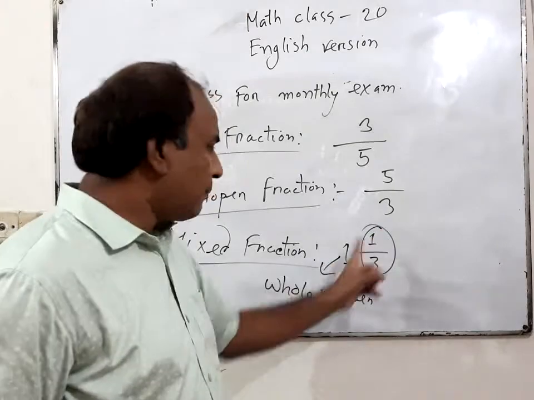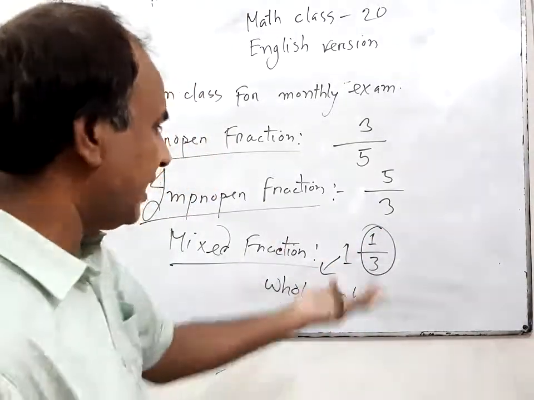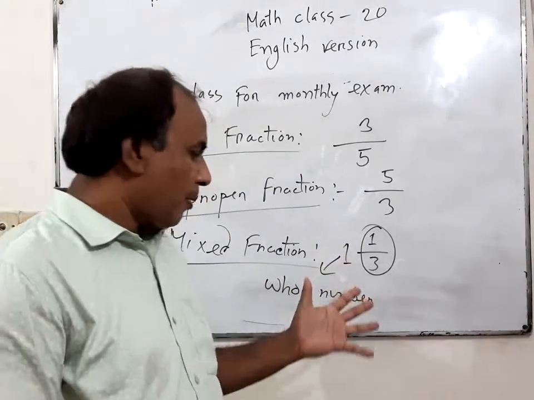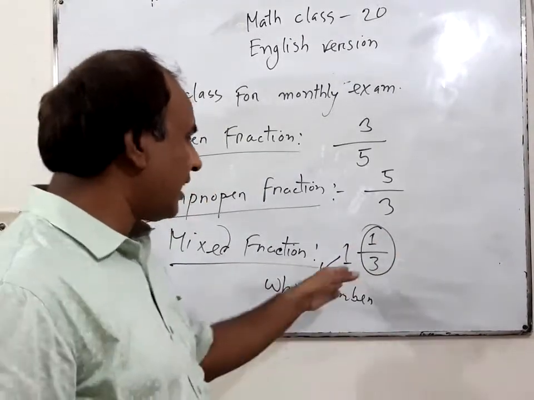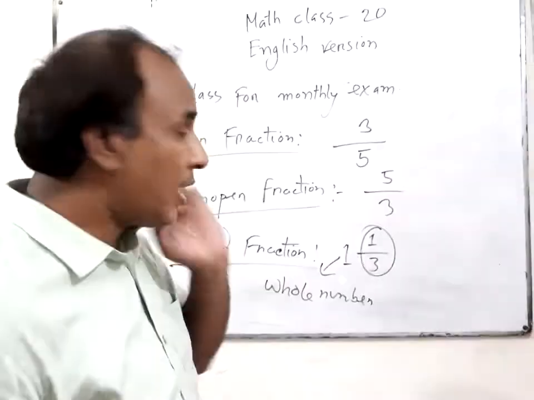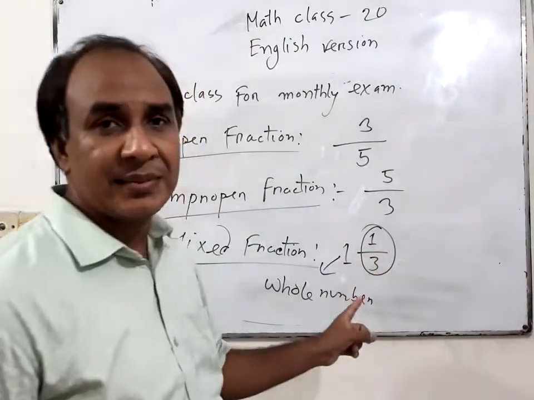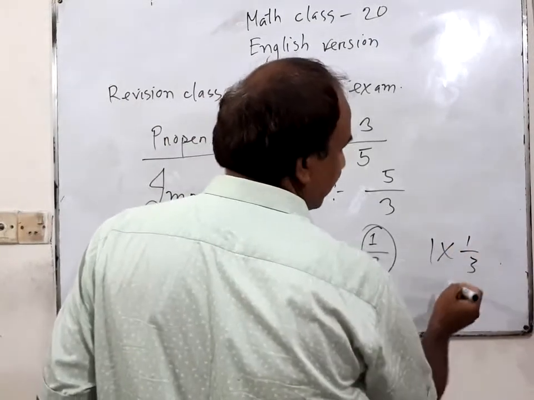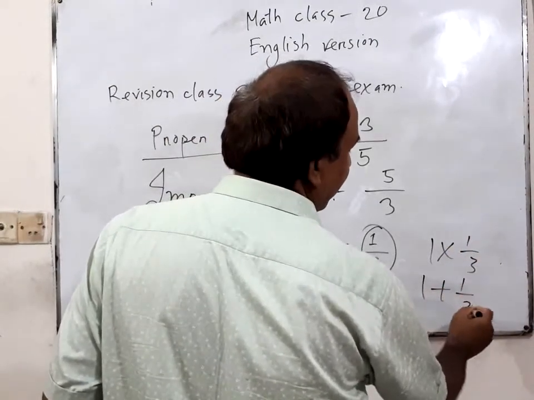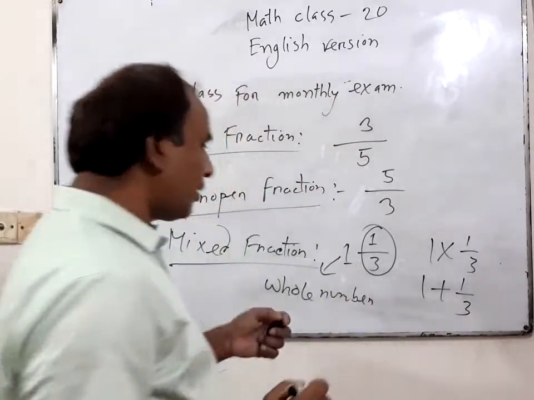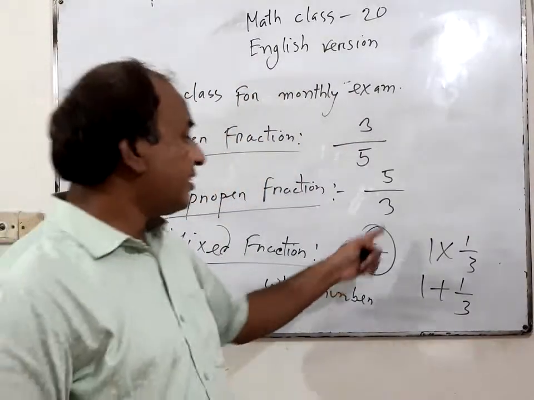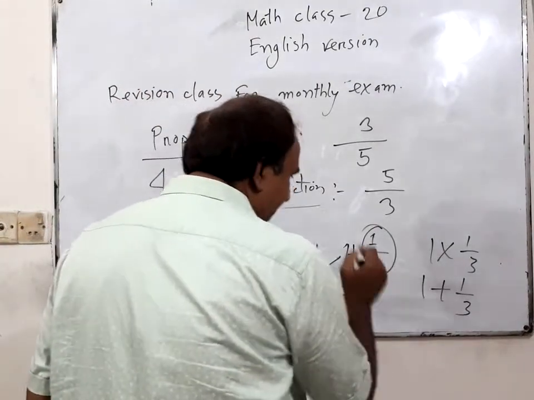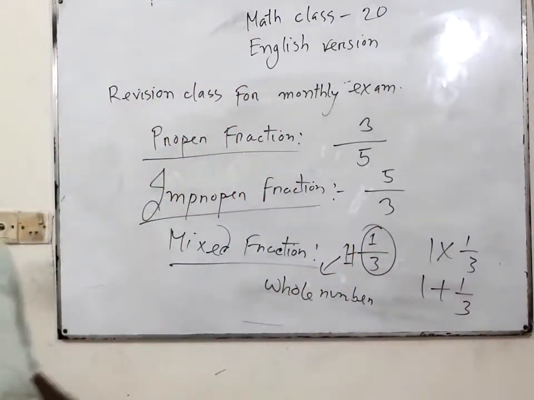But if I ask you about 1 and the proper fraction, students definitely give the answer: how are they together? 1 and 1/3, is there a multiply sign or plus sign? Between this whole number and this proper fraction there is the plus sign. Students say multiply sign.